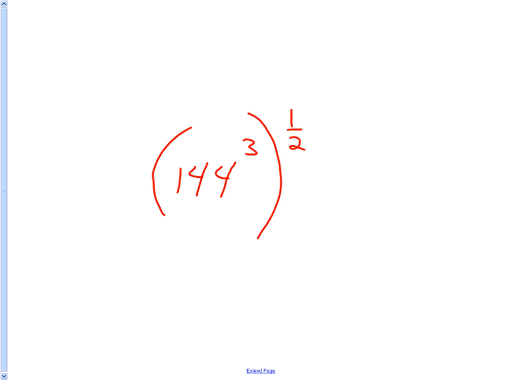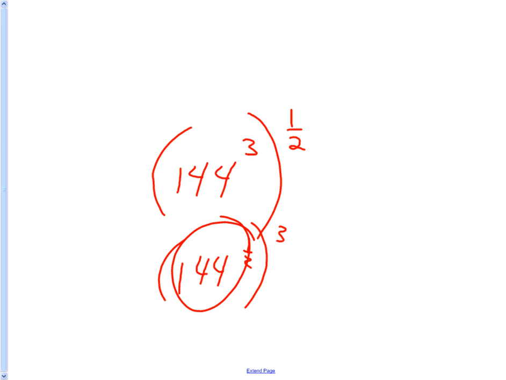So instead, wouldn't it be better to do 144 to the 1/2 to the 3rd? See what I'm saying? At least you can do part of that in your head. What's 144 to the 1/2? 12. And 12 to the 3rd? 12 times 12 is 144, and the only thing I have to do is the 144 times 12 again. And that I don't know in my head, but I can go like this. So it's a lot less work.